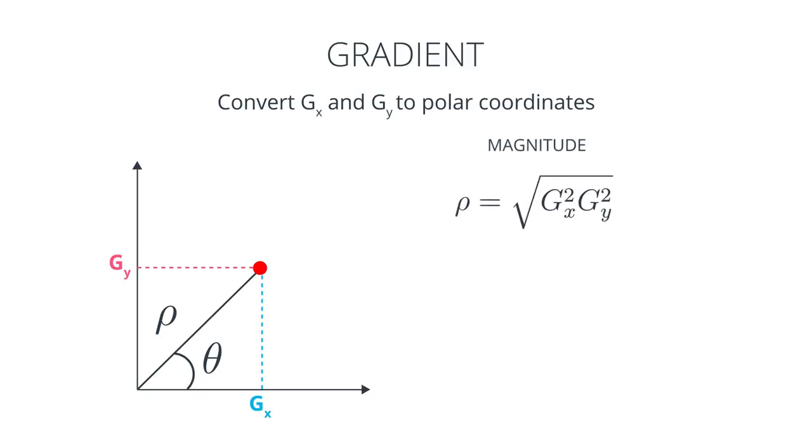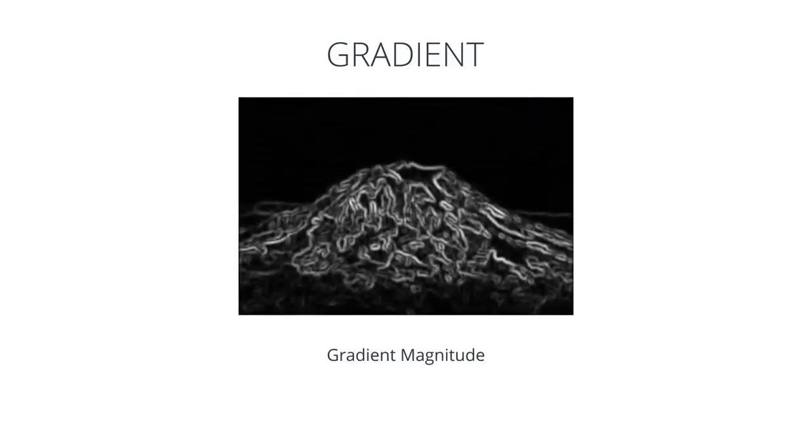Then the total magnitude, rho, of this gradient is the diagonal of this triangle, or the square root of the sum of the squares of these two gradients. And the direction, theta, of the gradient is calculated as the inverse tangent of gy over gx. The resulting gradient magnitude image should look something like this, with the biggest gradients corresponding to the brightest lines.